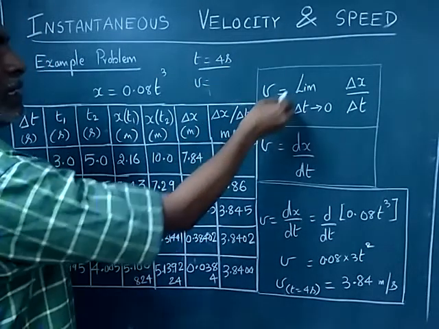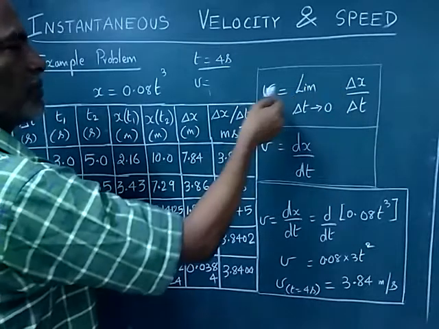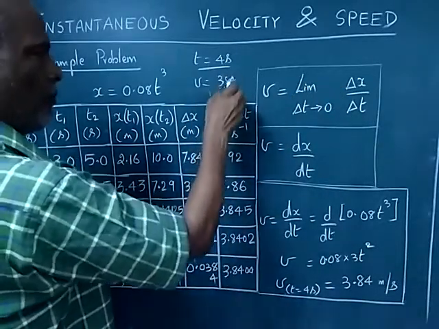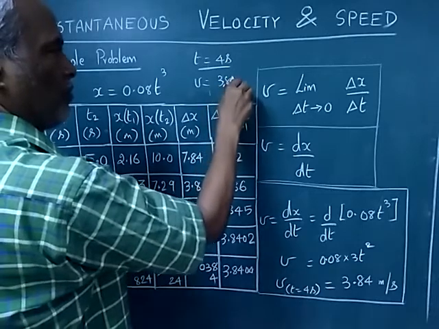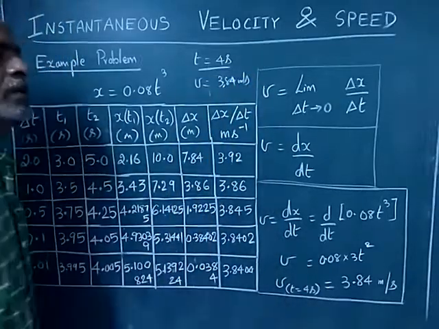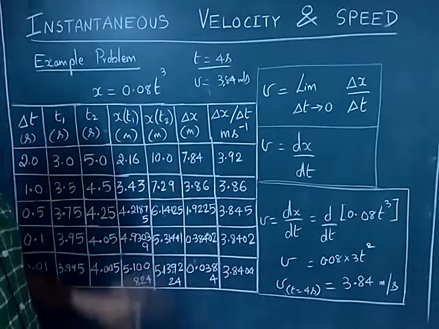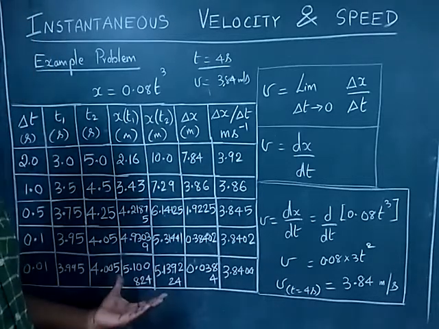Limit del t tends to 0, del x by del t, which is 3.84 meters per second. Now, this is a general procedure, but it takes more time.